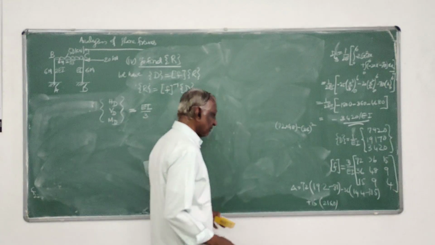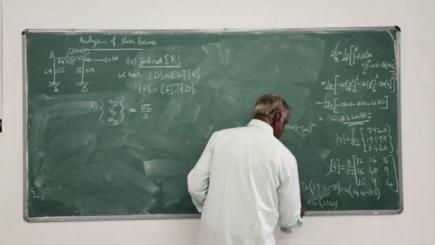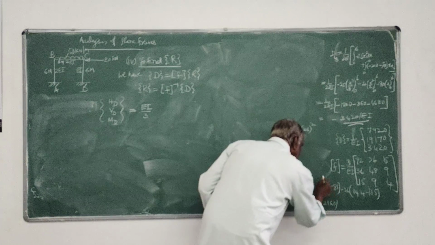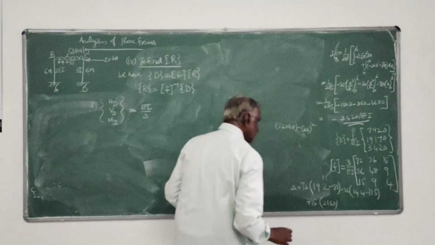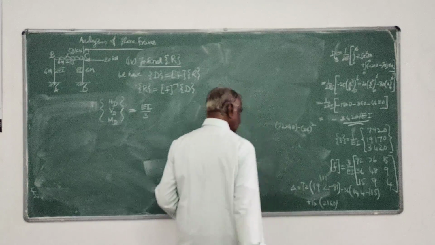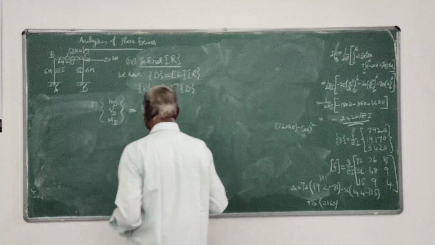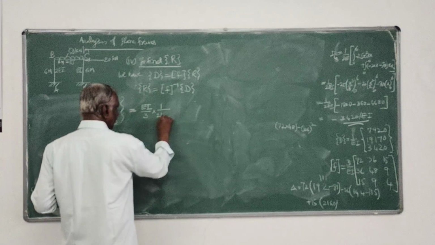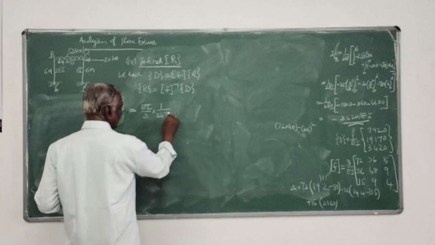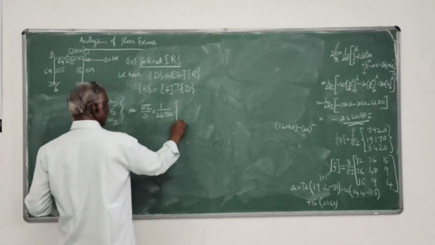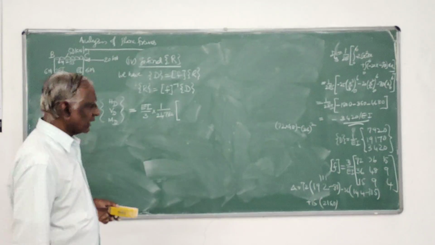So this you have to evaluate. 192 minus 81. Sir, the total determinant is 2432. This is my determinant. 1 over delta.